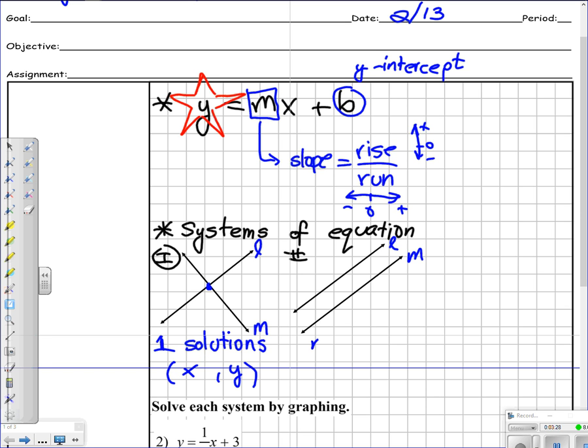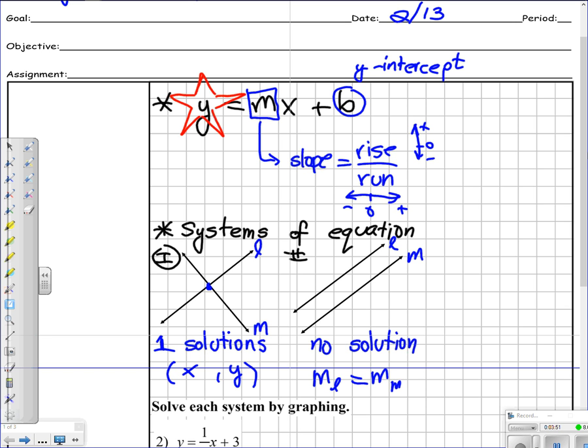So in this case, you say the answer is no solution. And we're supposed to know if they're parallel, the slope of line L will be equal to the slope of line M. So those two lines will have the same slope.